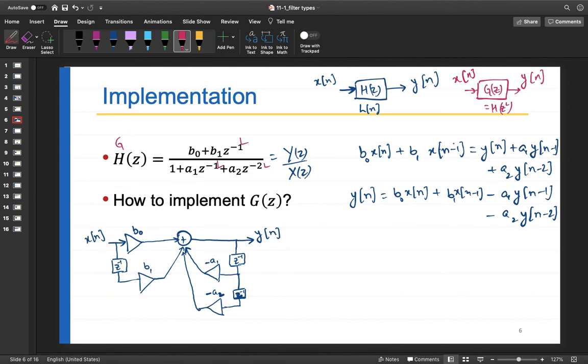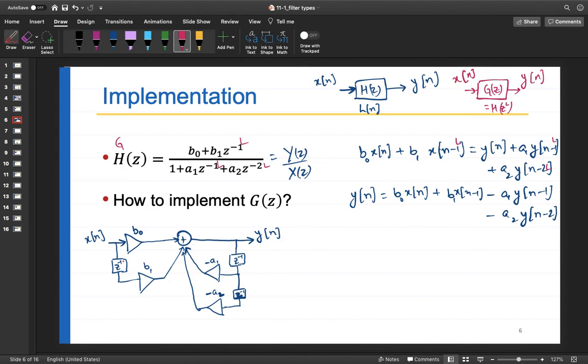So what does that mean? Here it will become n minus L, here it becomes n minus L, here it becomes n minus 2L, right? And similarly here. So what do I basically get? My delay is L times more.